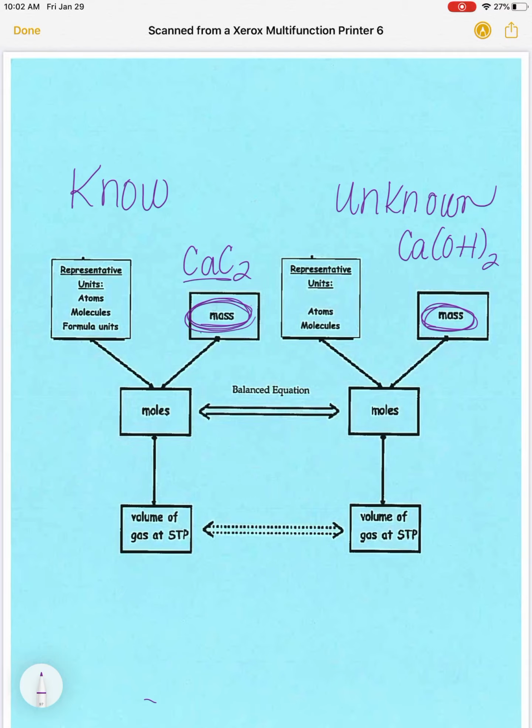So according to the mole map, I'm going to start here in grams of calcium carbide. I'm going to go to moles of, we're still on the side of calcium carbide. Then I'm going to have to use my balanced equation to go to moles of the new substance, which is calcium hydroxide. And then I'm going to take another step to go to grams of that. So this is a 1, 2, 3 step problem.